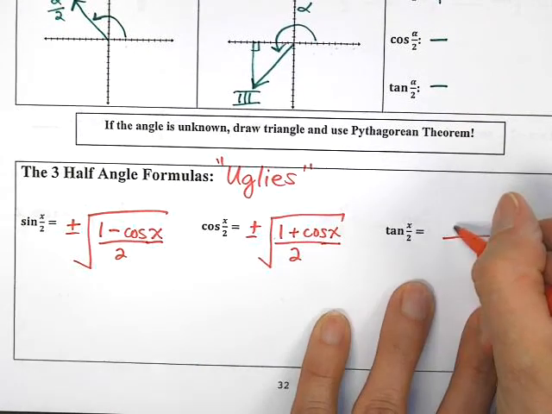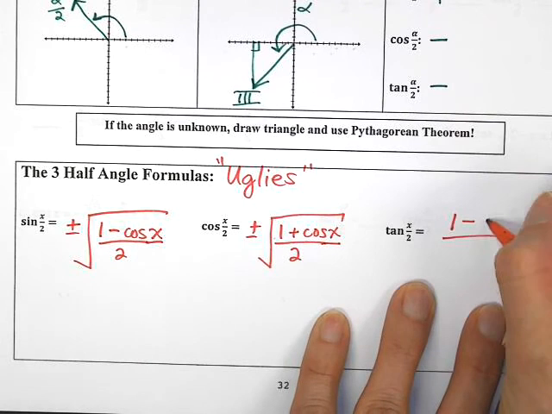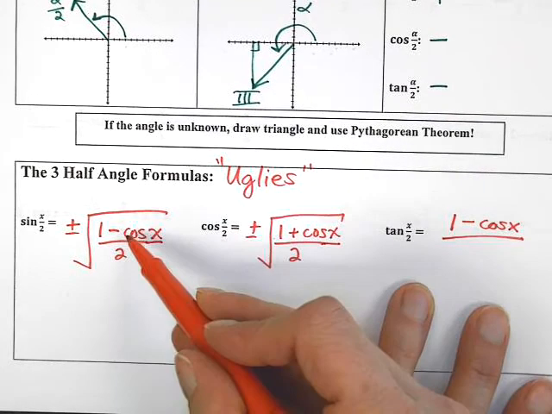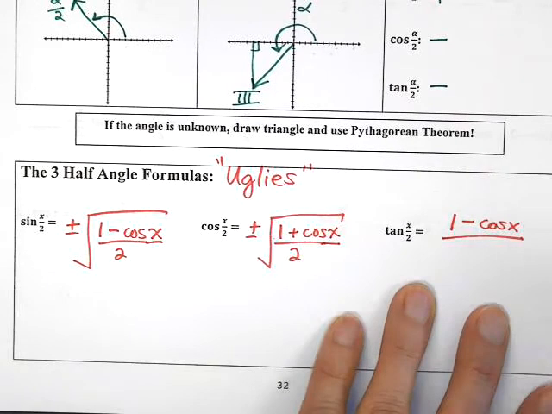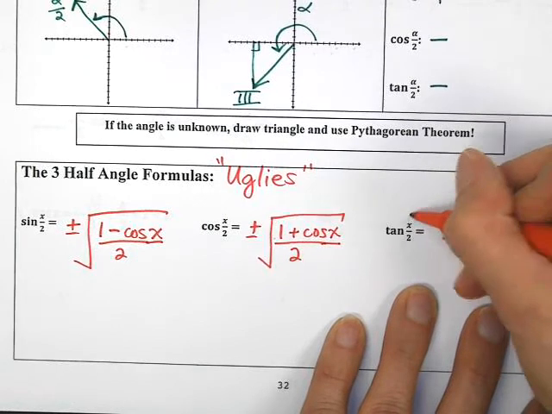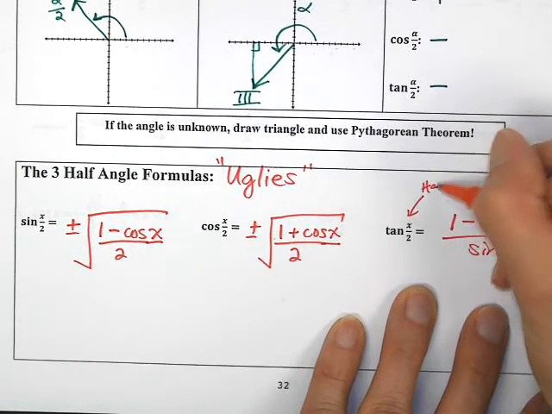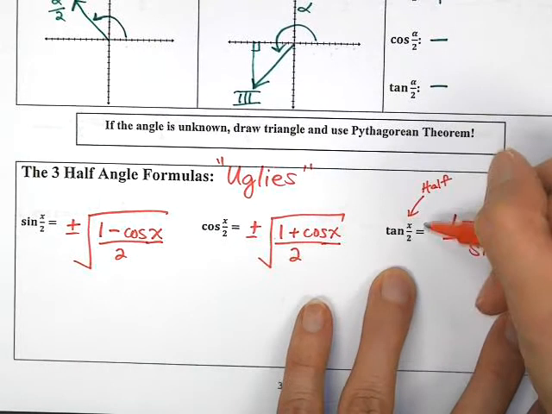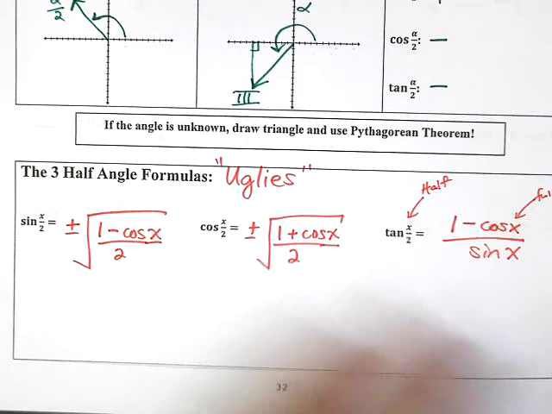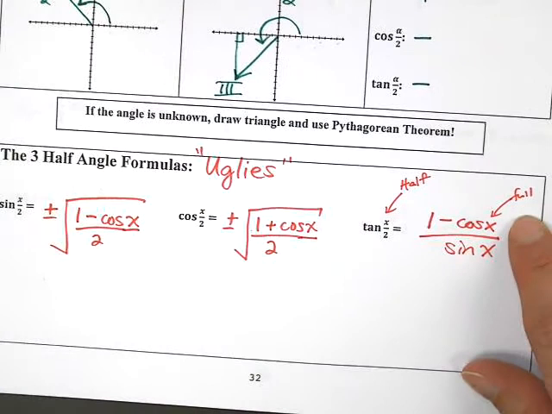The numerator is 1 minus cosine of x. Tangent's like sine over cosine. And the bottom is sine of full x. Remember, this is the half angle, and I don't know that one, I can't calculate it, but this is the full angle, and there's usually a picture or a unit circle to help you figure that out.